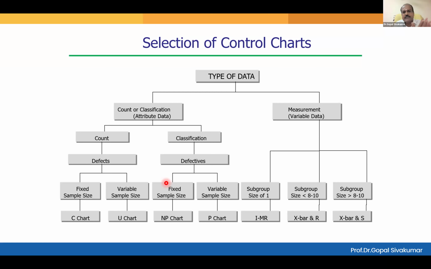Now it is finally cancelled. So defectives or parts rejected. Now you come here. Defectives. And again, think about the sample size. If the sample size is fixed, you should go for NP chart. Otherwise, if it is variable, P chart.